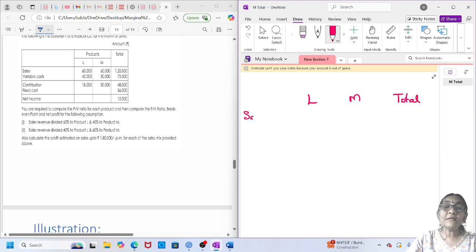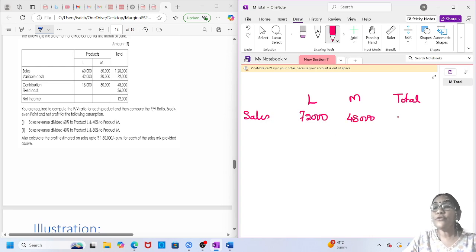Now sales here, 60% of the sales is L. So 60% of 1,20,000 is 72,000. 40% is 48,000, belongs to M. Total is going to be 1,20,000 itself.